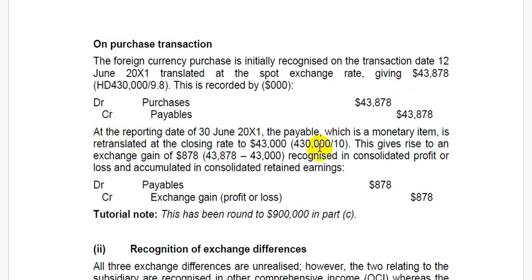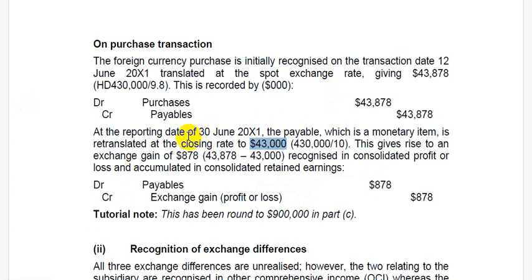Then at the reporting date, the payable, being a monetary item, is retranslated at the closing rate of 10, which gives rise to an exchange gain, since our payable has reduced now. If we are to pay on 30th June, we'll pay $43,000 instead of 43,878.